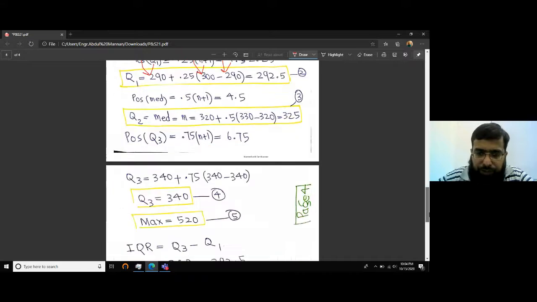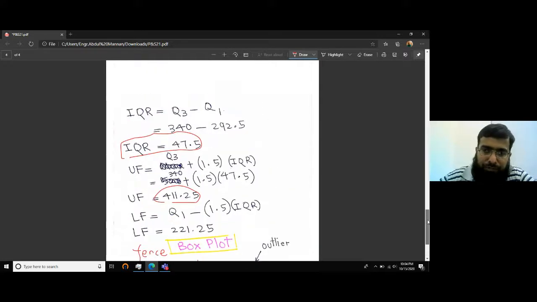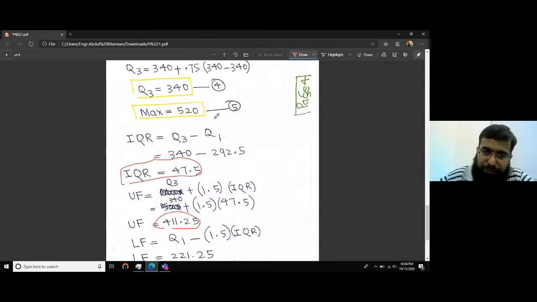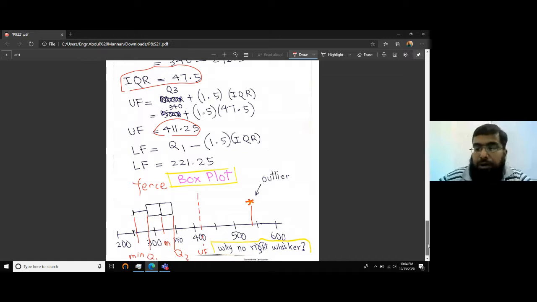So we could draw a line from Q3 to 340, but that line won't be there because Q3 itself is 340. We cannot draw a line from 340 to 340. Therefore, we don't have a right whisker at all.